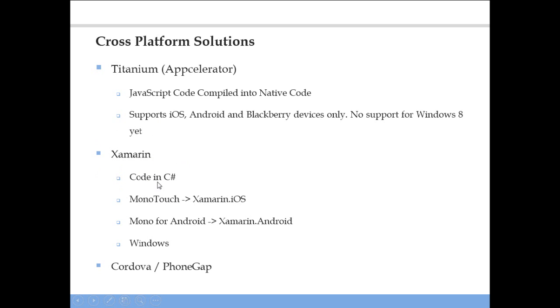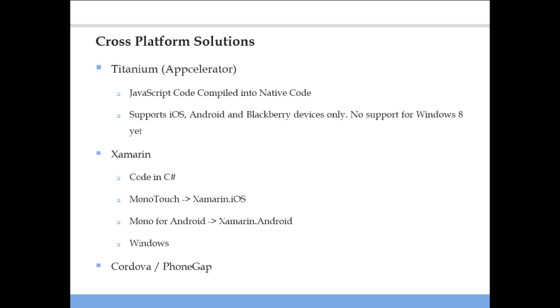It has a little history. Initially, before Xamarin, Mono was the framework used in the Linux environment. And as we discussed earlier, most of these operating systems like Android and iOS run on the Linux kernel.